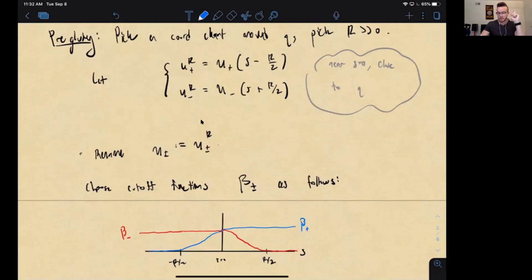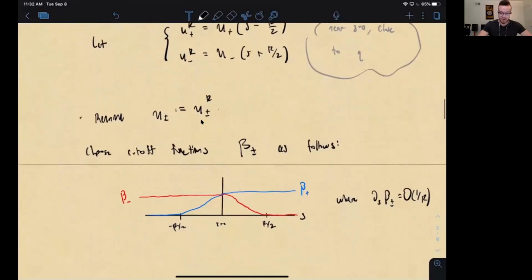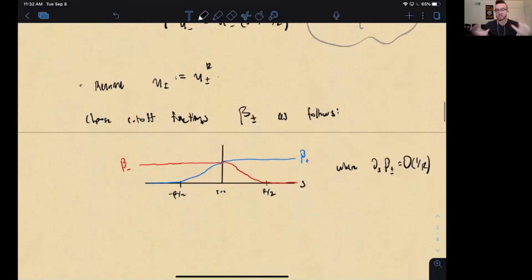The only thing I think we want to require about these cutoff functions is that their derivatives are on the order of 1 over R. So now with these, I can smoothly interpolate between my two flow lines to get a pre-glued thing, which is probably not actually a flow line yet.